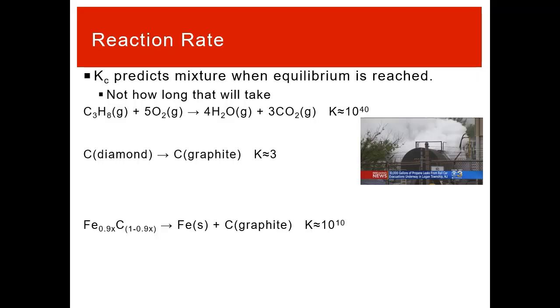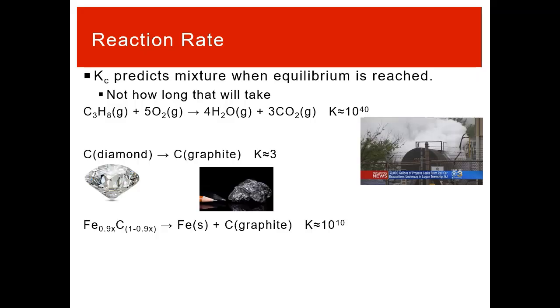Carbon in its diamond form should become graphite. Both diamond and graphite are pure carbon, and so all diamonds should become graphite. That is the more stable process, the preferred reaction. But the kinetics are unbelievably slow.